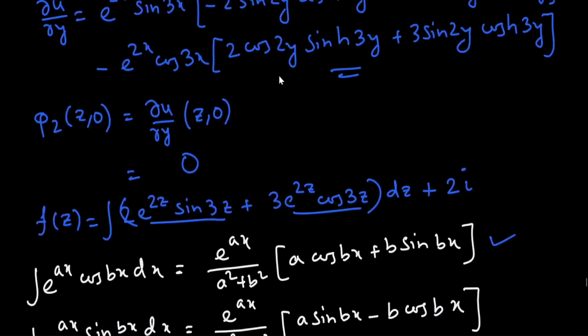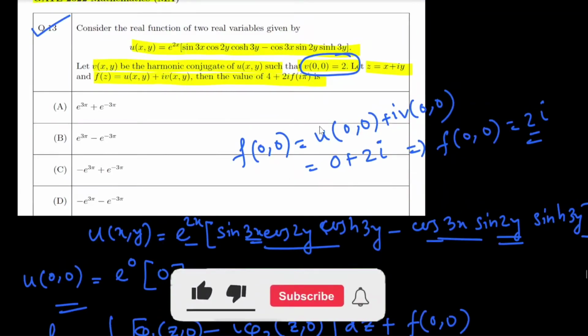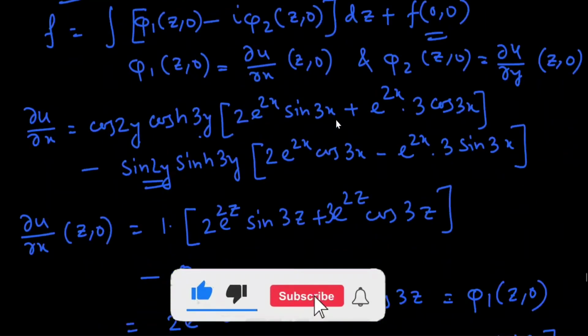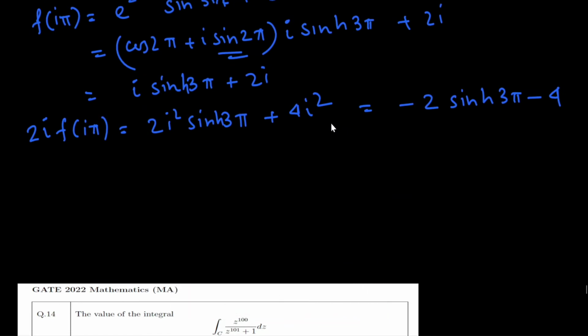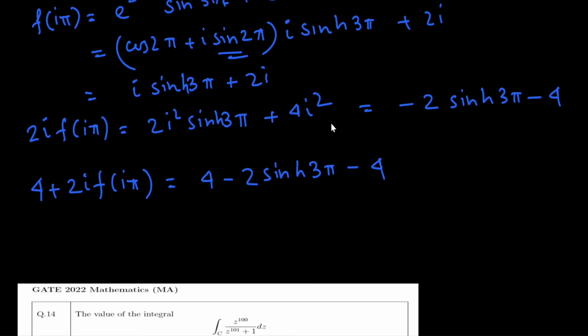Now we have to add 4 again. So 4 plus this term, now is equal to 4 plus 2i f(i pi). This is equal to 4 minus 2 sinh 3 pi minus 4. Sorry, 2i square means minus 2.